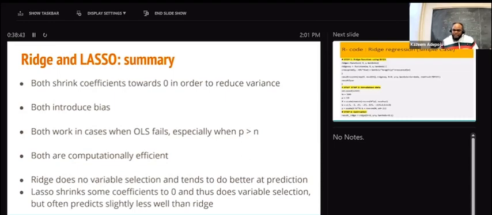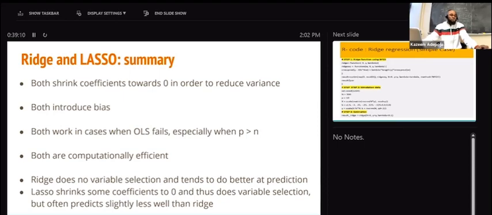Okay, so I think I've already explained it. When you look at ridge and lasso, both shrink coefficients towards 0. And why do they do that? To reduce the variance. Initially, when you have a lot of variables, the variance will be high, even though the bias will be low. They solve one problem, but they introduce another.